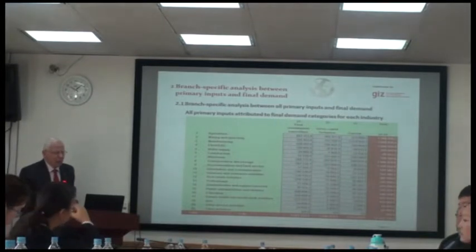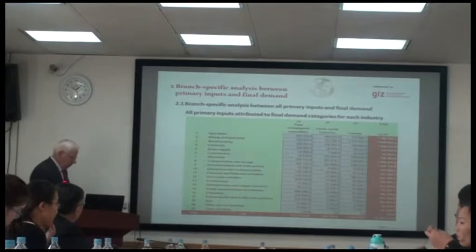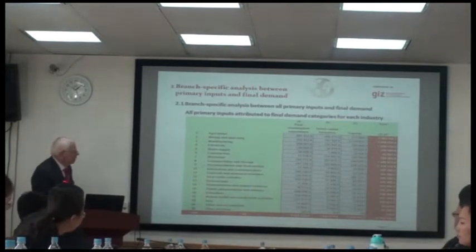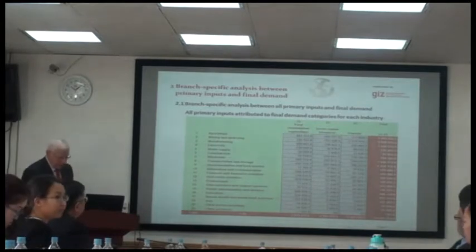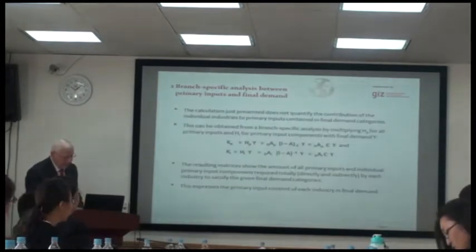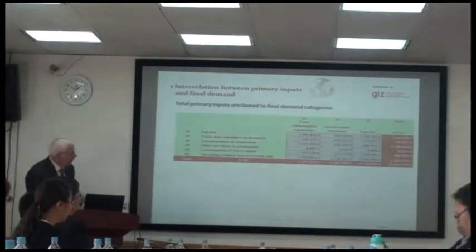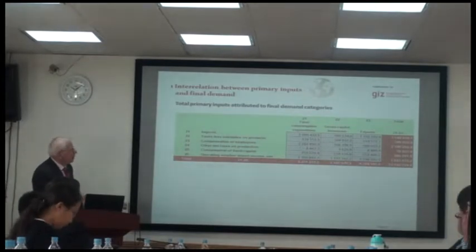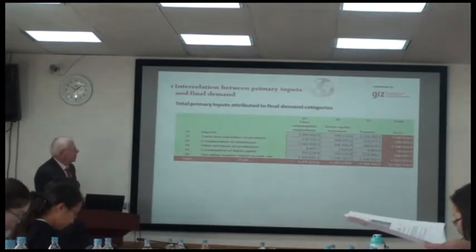Now again, a branch-specific analysis for all primary inputs. You see again in the last row, all primary inputs: 5,000, 2,000, 4,000. Let's go back to where we have the data. Here are the data: 5,000, 2,000, 4,000.